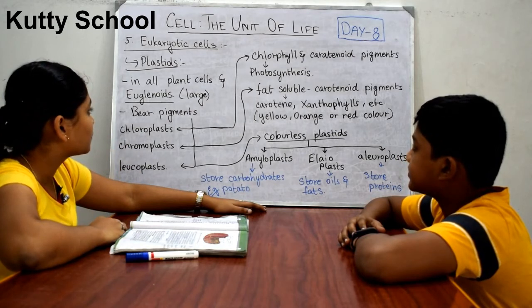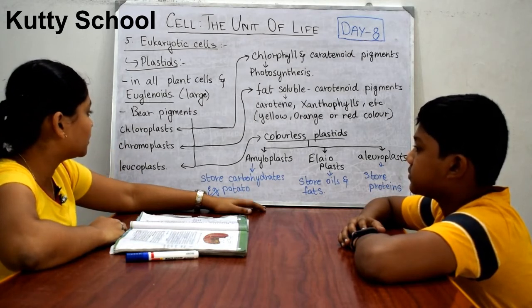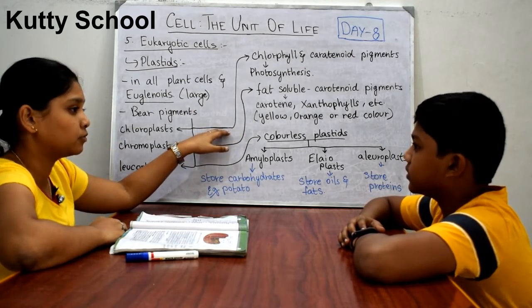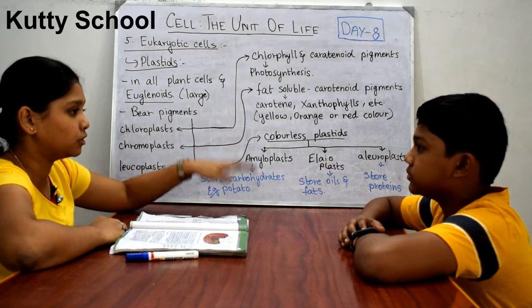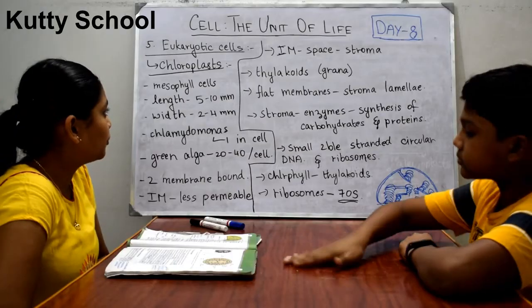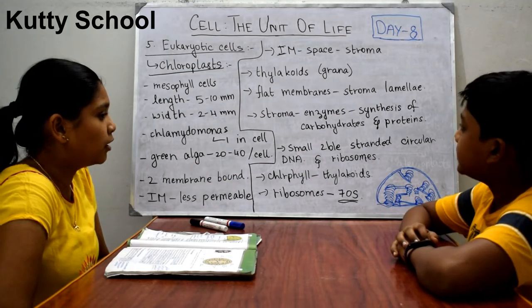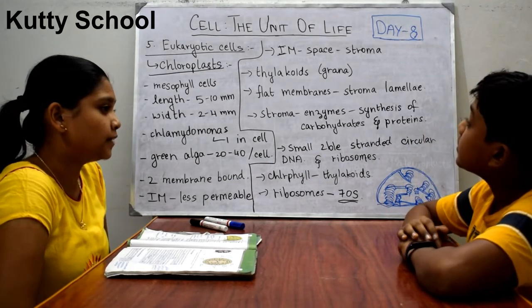Next we'll discuss in detail about chloroplasts, which are very important for photosynthesis. We have already seen chloroplasts, chromoplasts and leucoplasts, and now we are going into detail about chloroplasts.